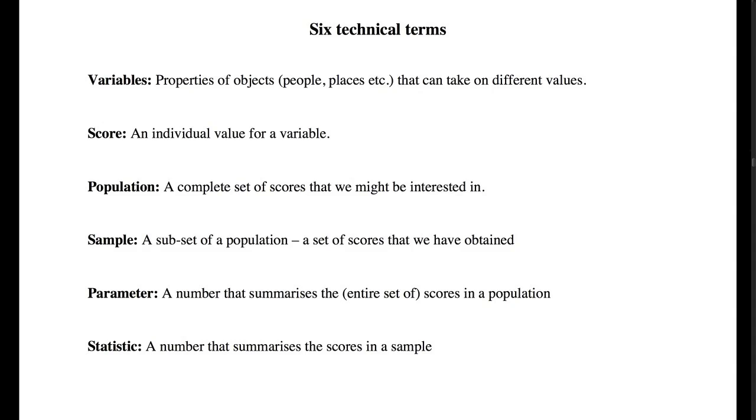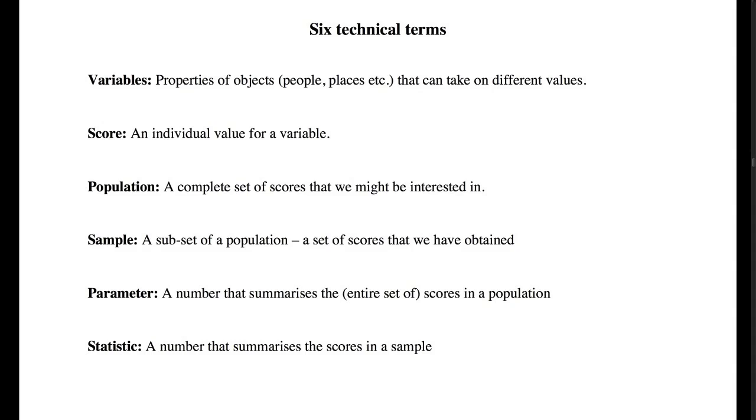15 individuals. We're interested in the scores for perhaps all of the prisoners in that prison, or maybe even all of the prisoners in the entire prison service from a particular category of prisoner. When we look at the scores for a subset of that population of scores, we're looking at a sample.